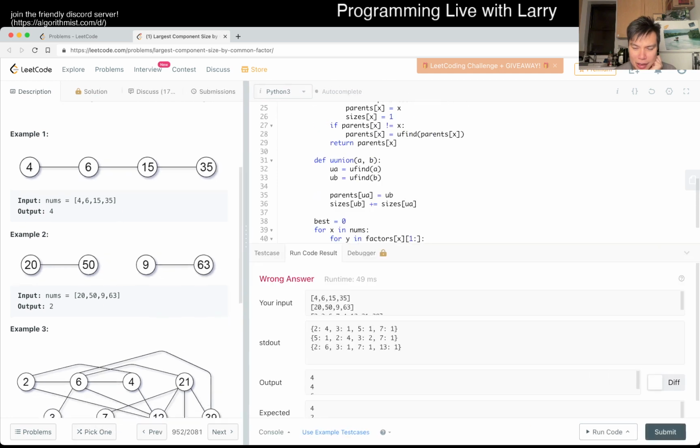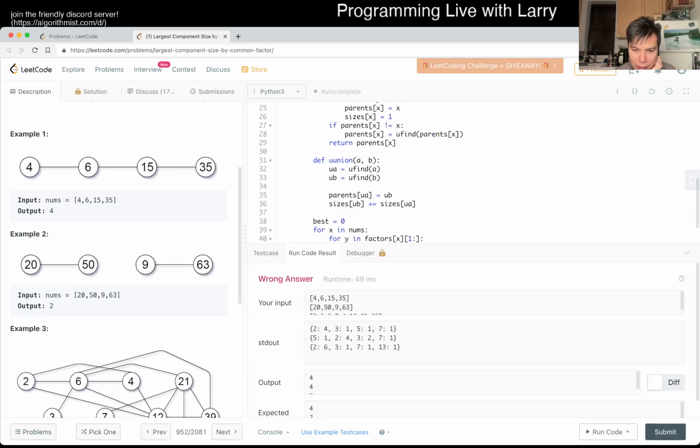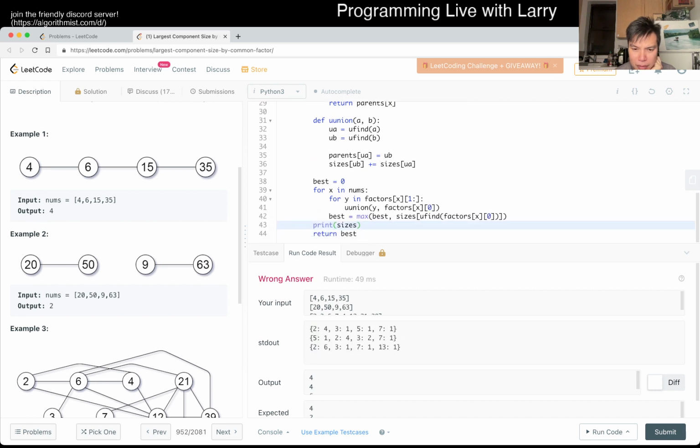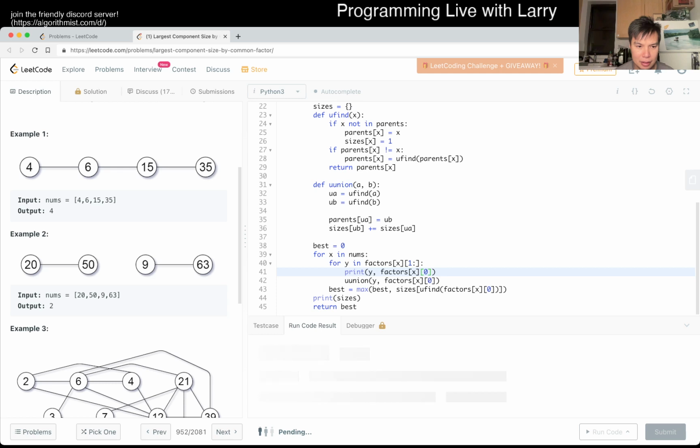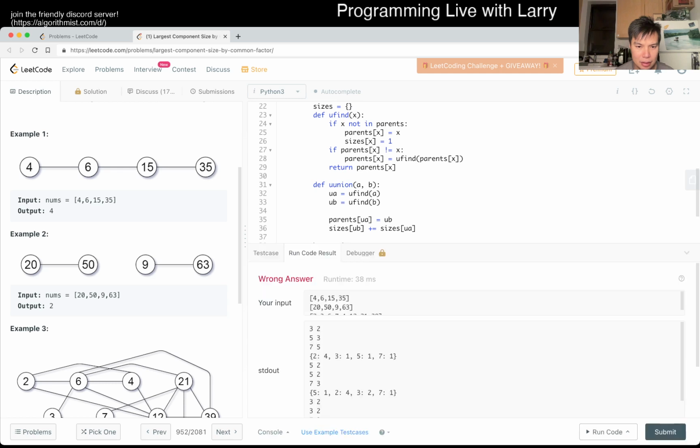This setup is a little bit hard to debug. Let's see, 1, 2 is 4. So okay, so at least it's printing the right thing, but why is that? Let's see. What are we unioning here? Oh, I think I'm messing up the size.